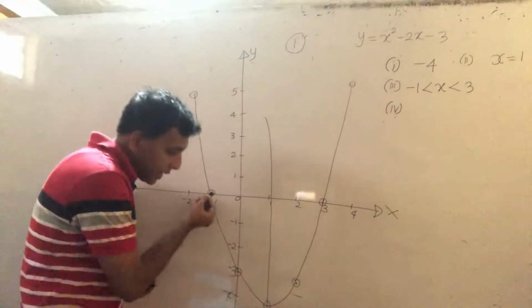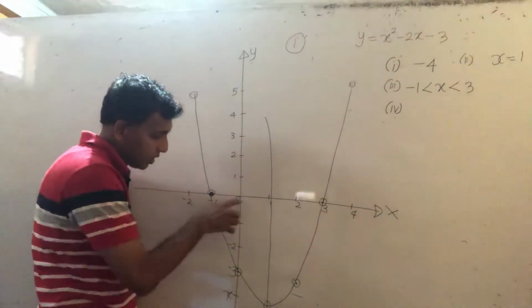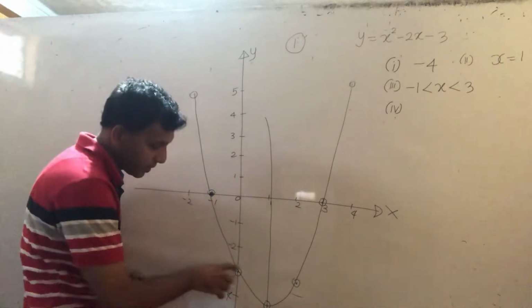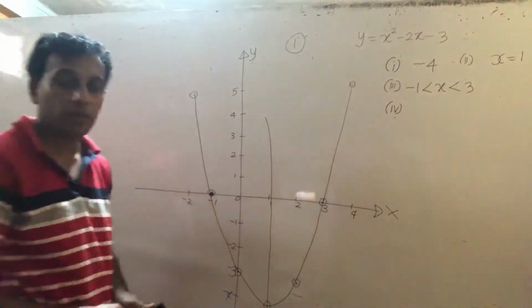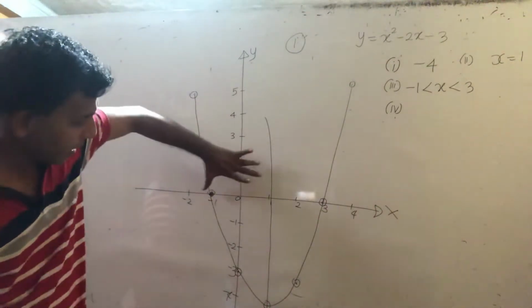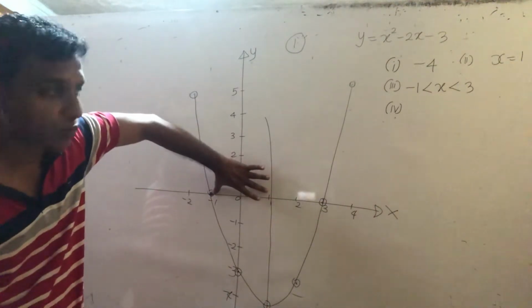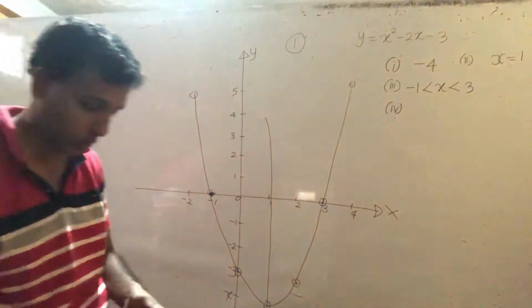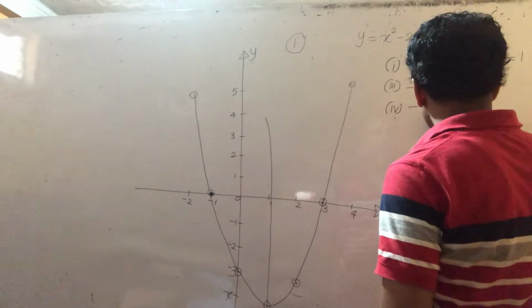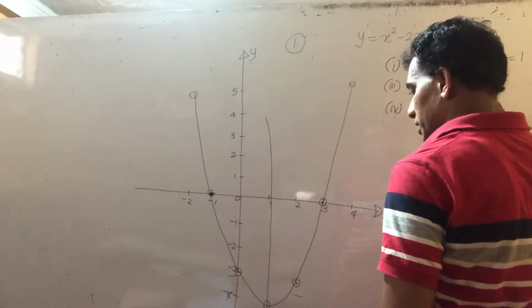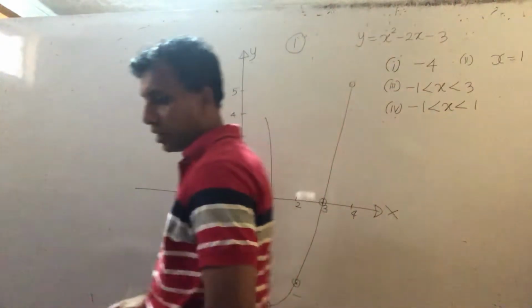Here it is negative and decreasing: 0, minus 1, minus 2, minus 3, up to here negatively decreasing. So what is the boundary of x, the range of x? Between minus 1 and plus 1, right? Minus 1 less than x less than plus 1, negatively decreasing.